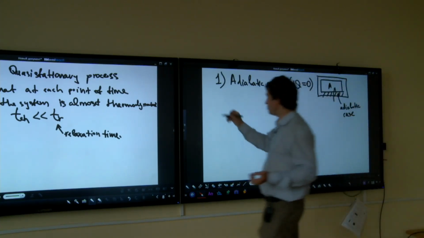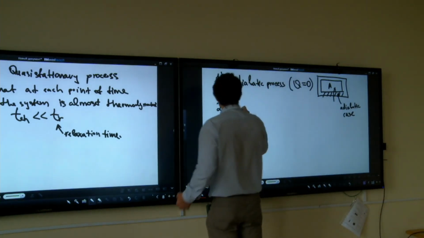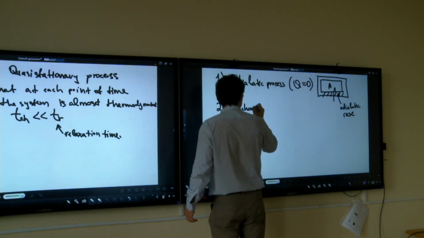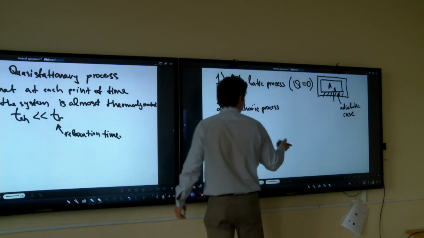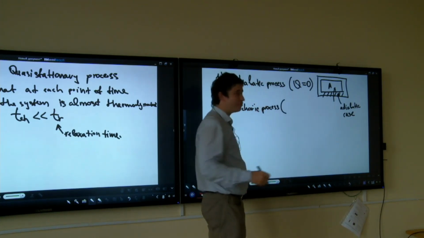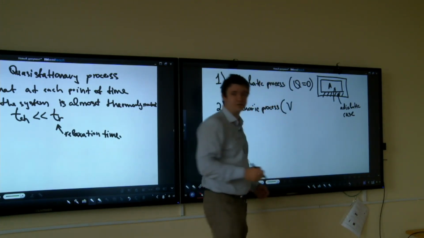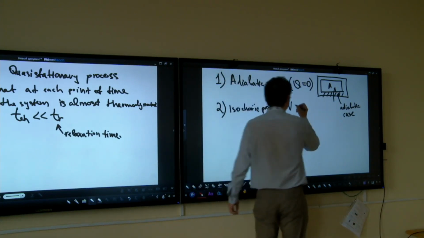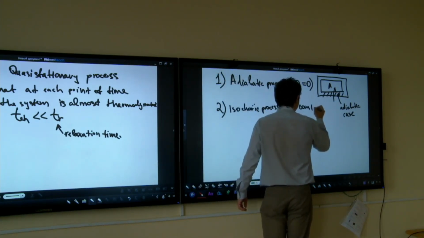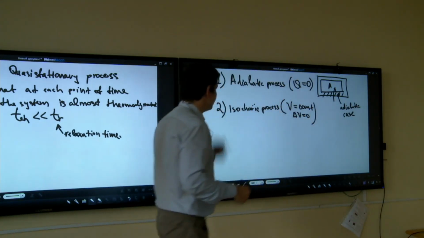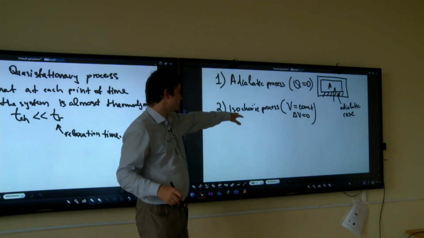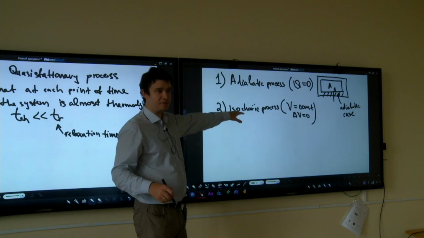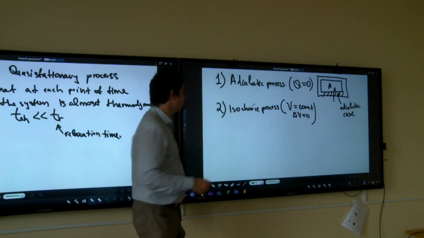Okay, another type of process is a process where you have constant volume, or you can say delta V is 0. Especially when there is this "iso" in the name of the process, that means something is constant there.